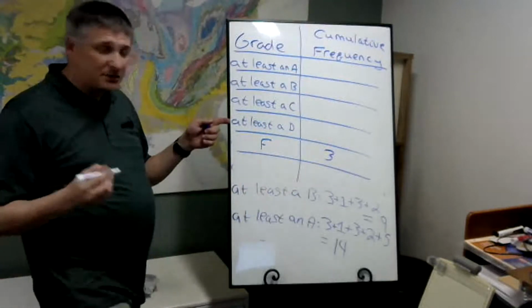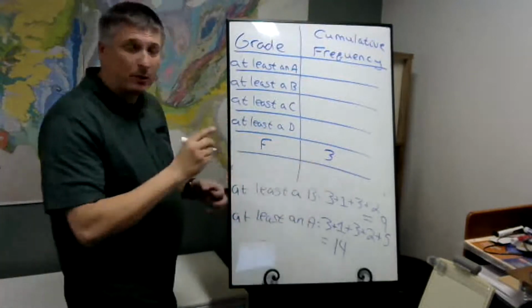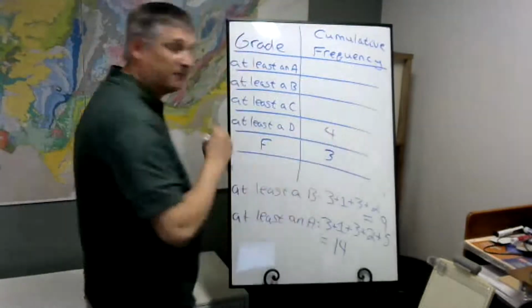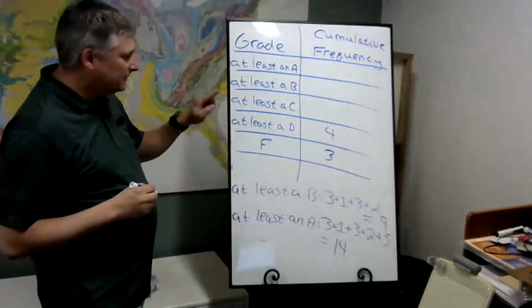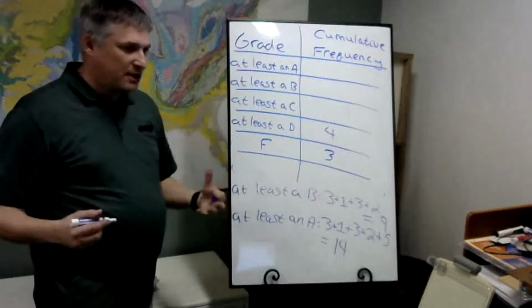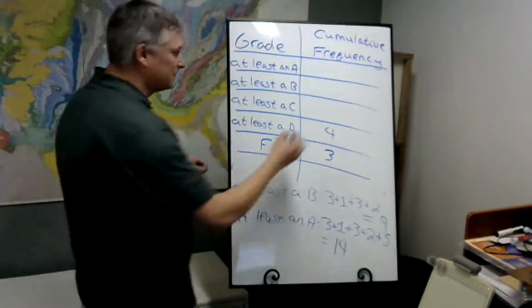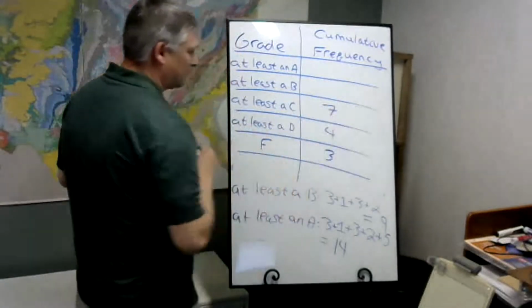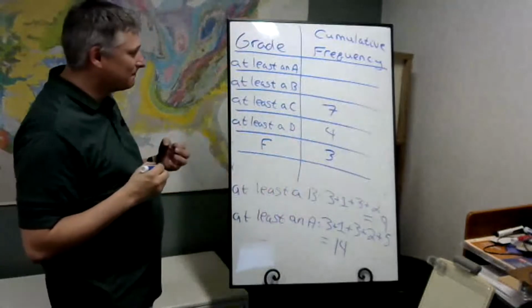So we had for at least a D, 3 F's plus 1 D, gave us a total of 4. For at least a C, we had 3 F's, 1 D, and 3 C's. That came up to 7.